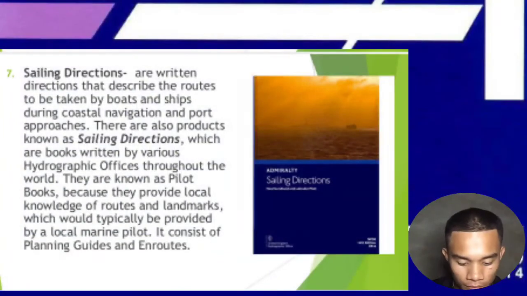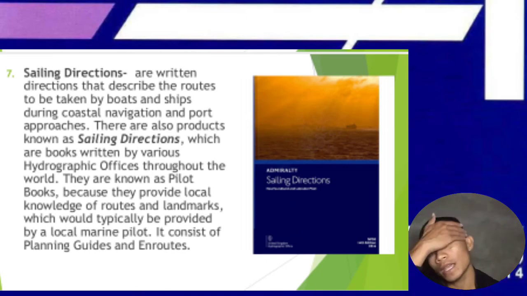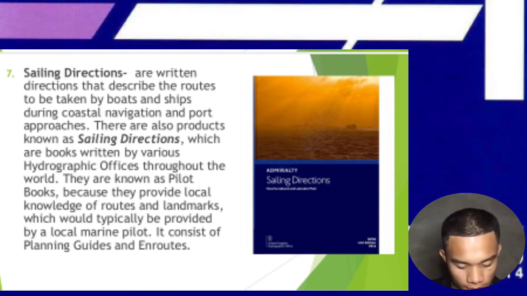Sailing directions are written directions that describe the routes to be taken by boats and ships during coastal navigation and port approaches. Sailing directions are books written by various hydrographic offices throughout the world. They provide local knowledge, which would typically be provided by a local marine pilot. It consists of planning guides for en route.